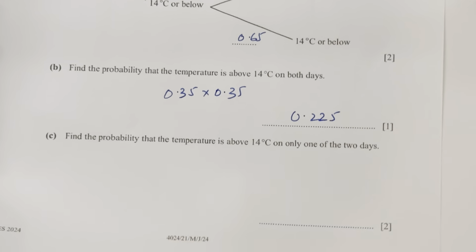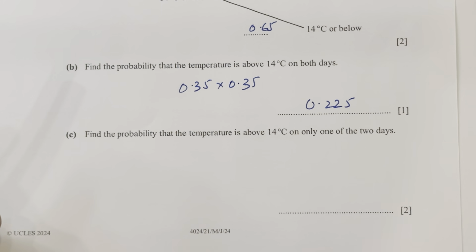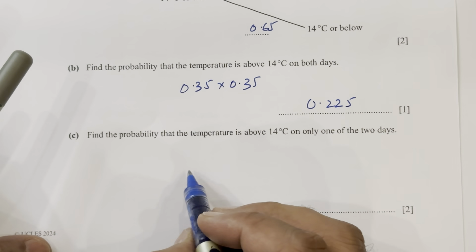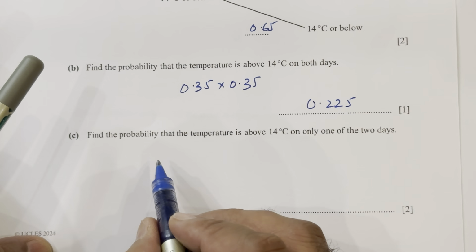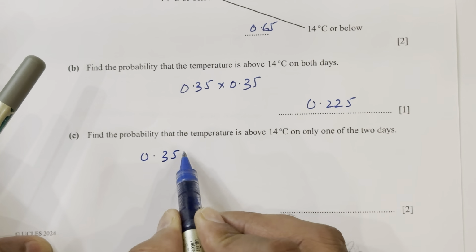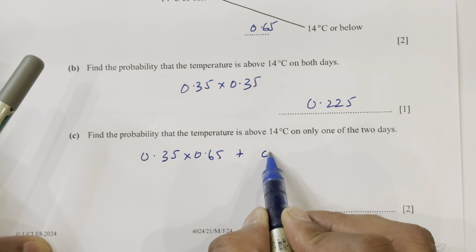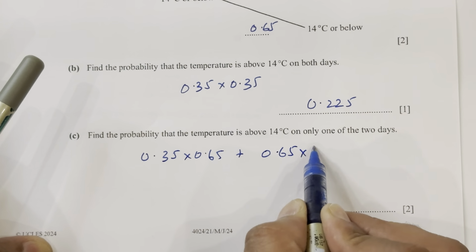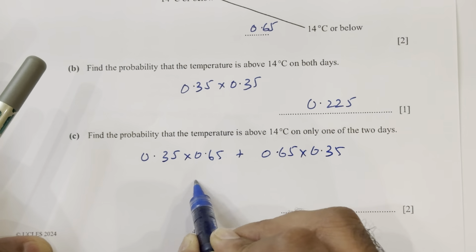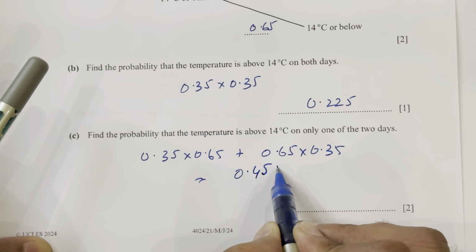Next part is find the probability that the temperature is above 14 degrees Celsius on only one of the 2 days. So one of the 2 days means 0.35 multiplied by 0.65 plus 0.65 multiplied by 0.35. So you get the answer, that is equal to 0.455.